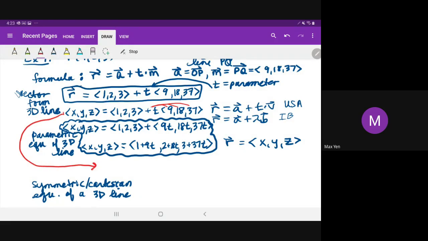So the answer looks like this: x equals, y equals, z equals. So it looks like those parametric equations from the augmented matrices. Okay, so we're just going to look at what the highlighted is. We're not going to look at the two steps we just did. We're just going to look at this. Do you see now that I could say x equals 1 plus 9t?